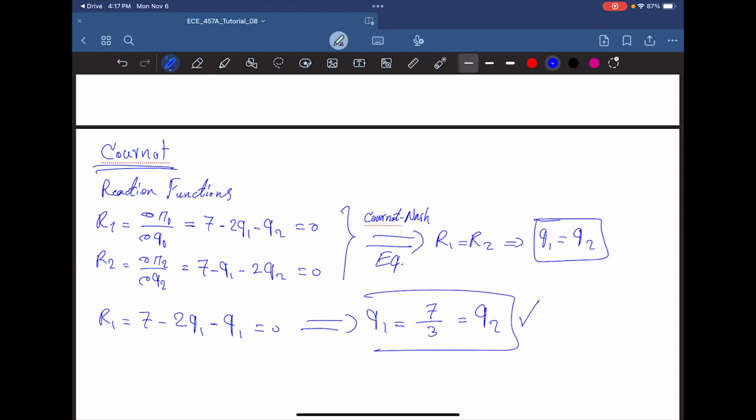All right, so the total market output in this case is Q, which is Q1 plus Q2, which is 14 over 3.